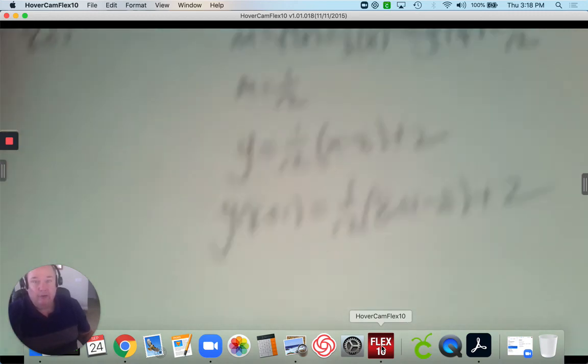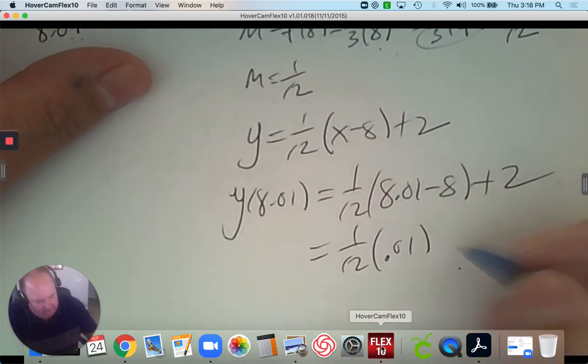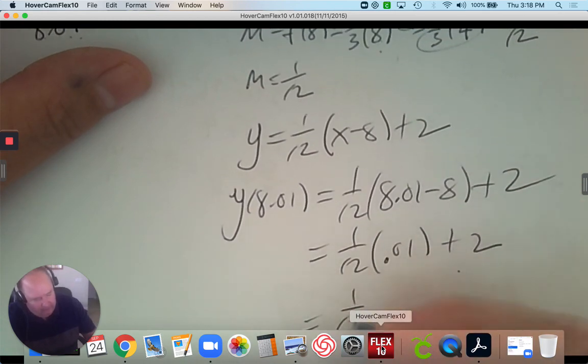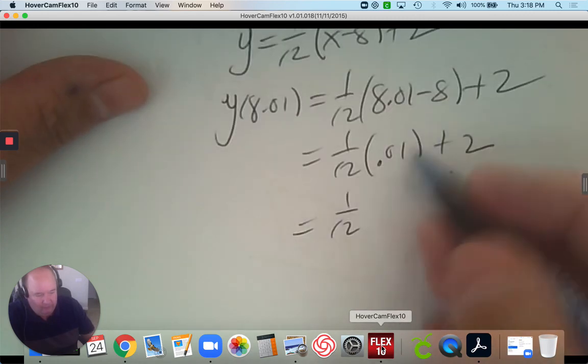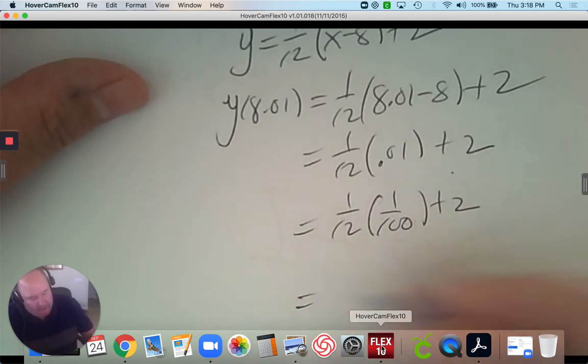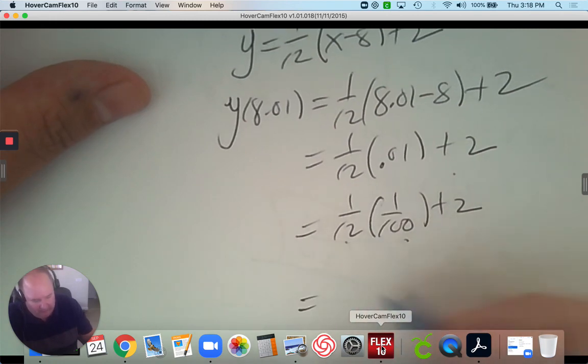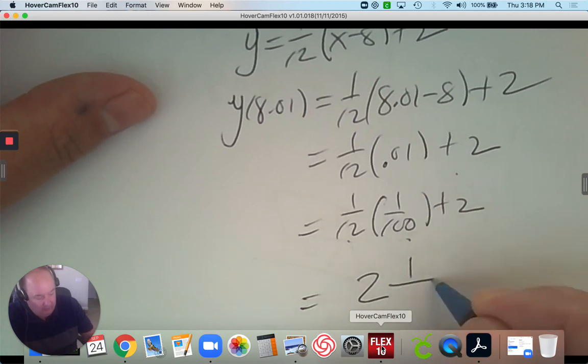So now use 8.01. And so that's 0.01. It's a little bit complicated when one's a decimal and one's a fraction. So I would change 0.01 to 1 over 100. So if I multiply this across, 12 times 100, it's really 1 over 1200.